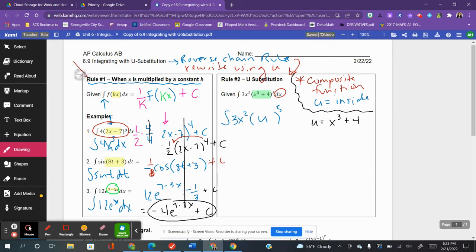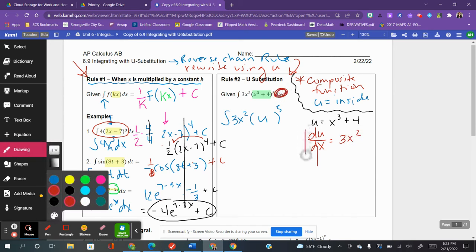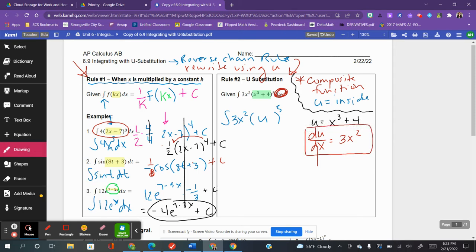Now remember, over here for rule number 1, we said that we were dividing by the derivative of the inside. Okay, so that means I want to find the derivative of the inside. I'm going to find the derivative of u with respect to x, and that's going to be 3x squared. And I want to replace this dx. Like, I want to get this expression set equal to dx so that I can replace the dx.